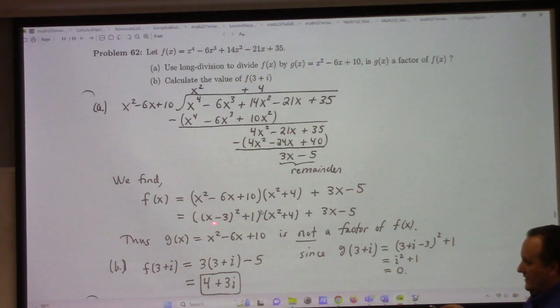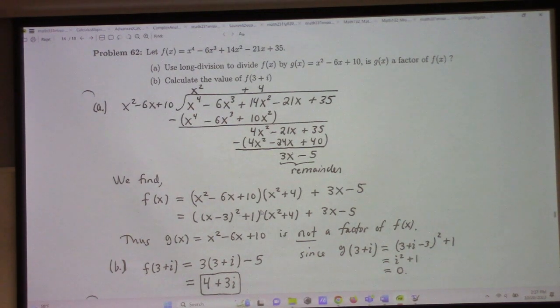That's i squared. Then i squared plus 1 is minus 1 plus 1, which is 0. And I don't even care whatever's over here, I already know that this is 0. Exactly. So all that's left is what happens when I put 3 plus i over here. Yep. 4 plus 3i. Yeah.